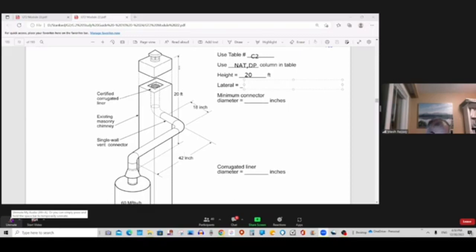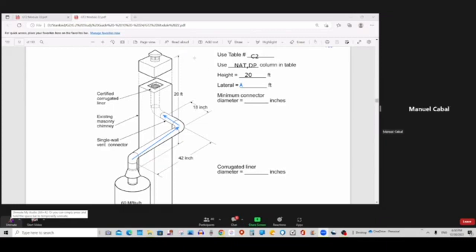See, Mr. Manuel, as Mr. Jamal said, the lateral starts from here to here, so you have to add them together. 42 plus 18 inch is going to be 60 inch. 60 divided by 12 is 5 feet. You got it, sir? Yes, sir. Thank you.